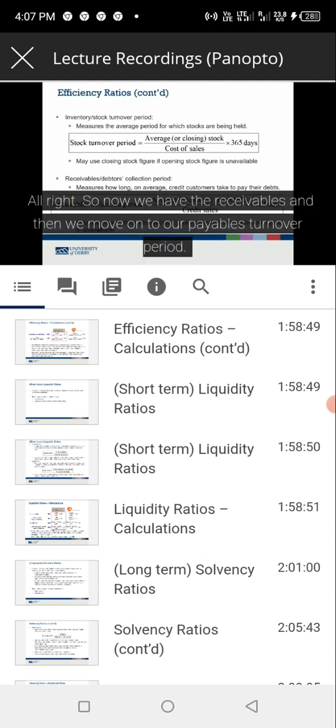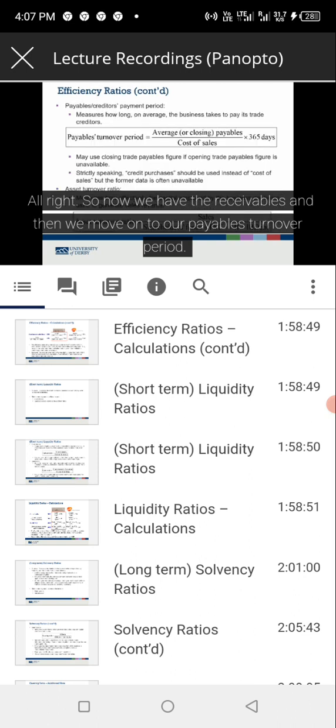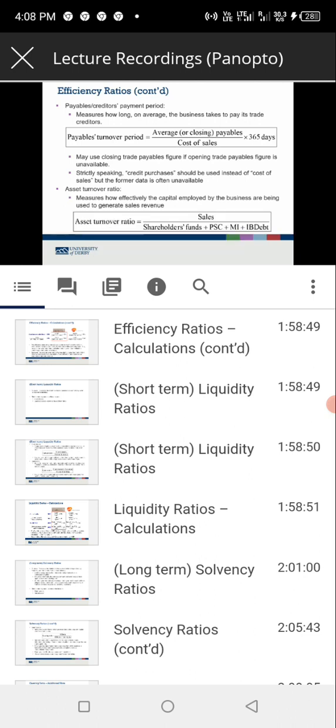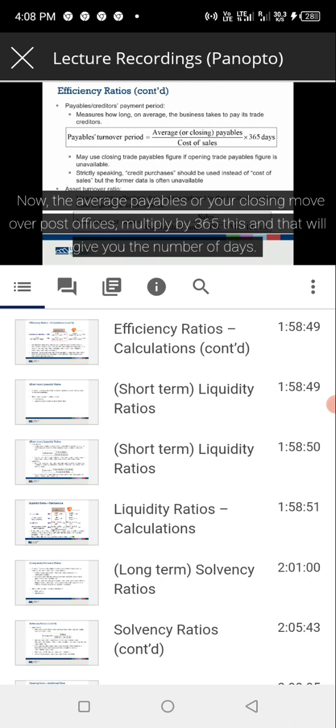Now we have the receivables, and then we move on to our payables turnover period. That is, how long does it take to pay our creditors? All right? To pay our suppliers. That will be average payables, or your closing payables, over cost of sales multiplied by 365 days, and that will give you the number of days.